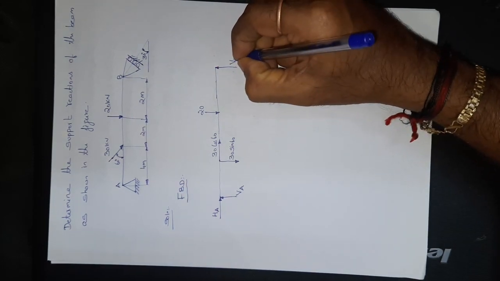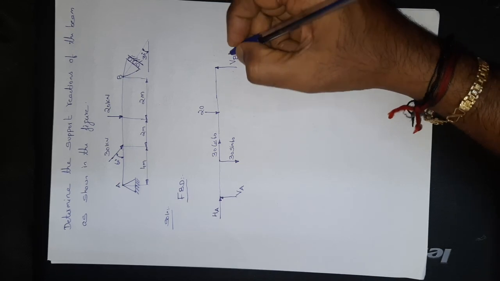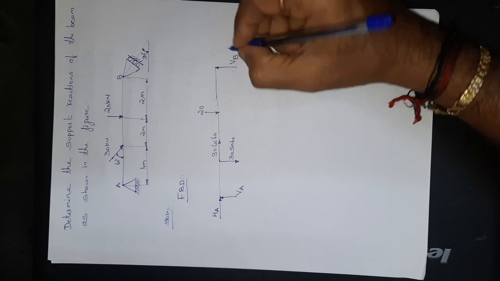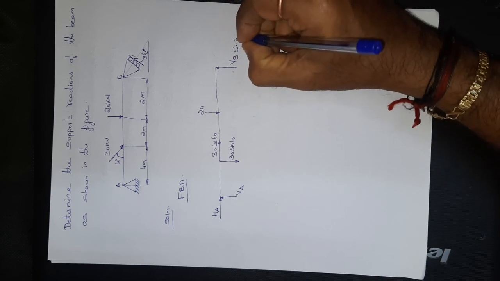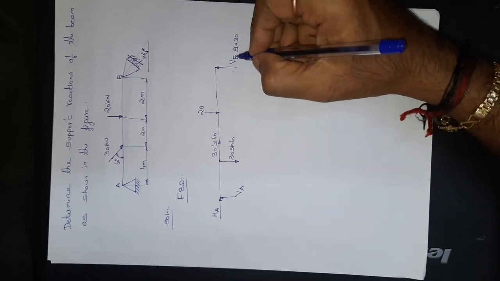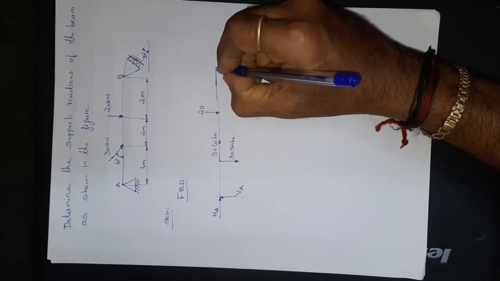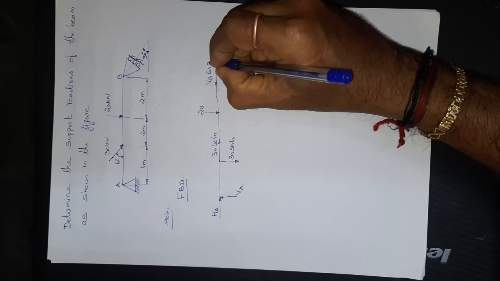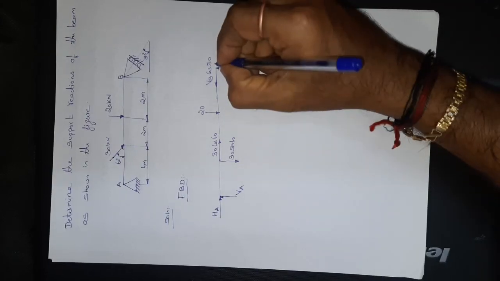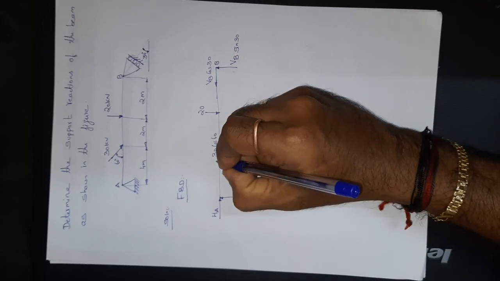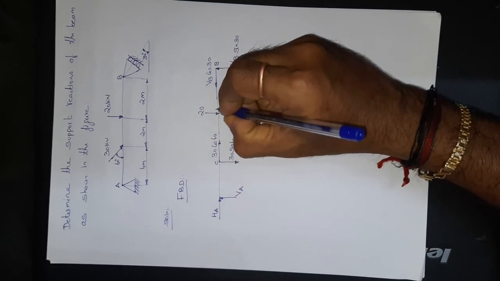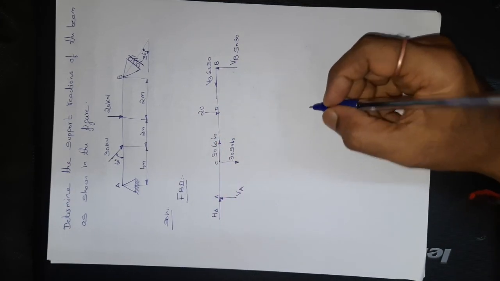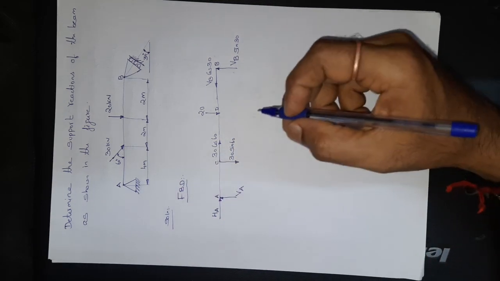So VB, the vertical reaction at point B, is VB sin 30, since it's the vertical component, I'll have to take the sine component. And as far as the horizontal is concerned, VB cos 30 at point B. So let me consider this point as C, this point as D and this point as A, right? So FBD has been drawn.